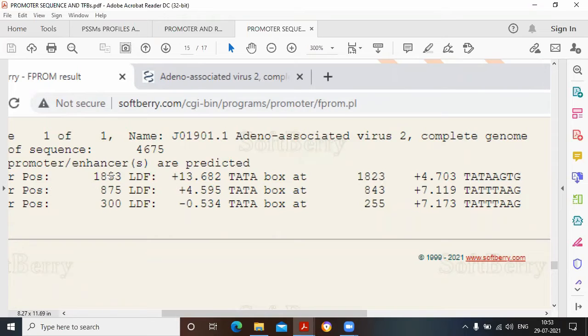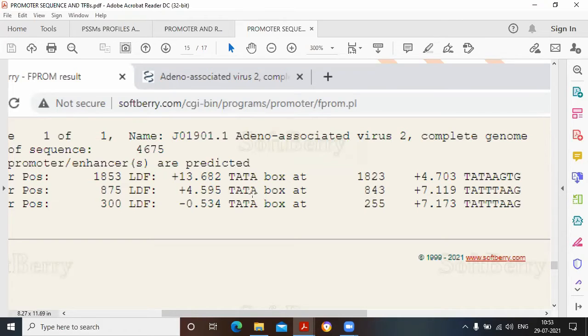The rest, whatever alphabet and other numbers have been added here, indicate where your enhancer positions are present. Like the second prediction, they made an enhancer part at position 875, and you can look at the TATA box: this sequence is present at position 843.